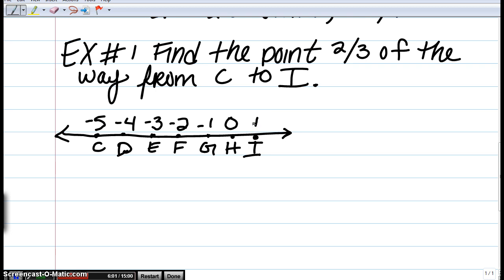And it wants you to find the point 2/3 of the way from C, which is this one right here, to I.